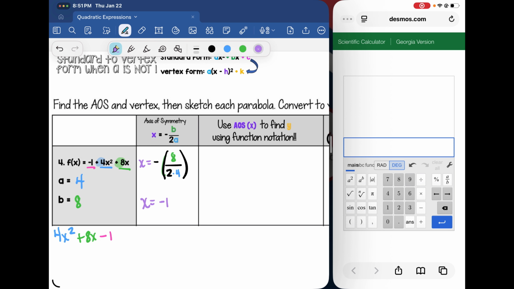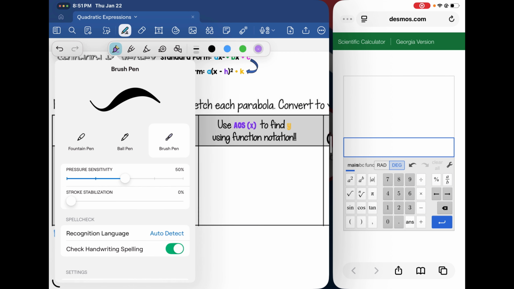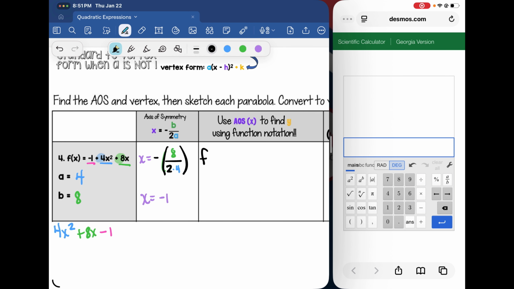Now we're going to use that x value to find our y value using function notation. So my equation is f of x is equal to 4x squared plus 8x minus 1. And I know that my x value, aka my input, is negative 1. So that means in my equation, everywhere I see an x, I can input a negative 1.